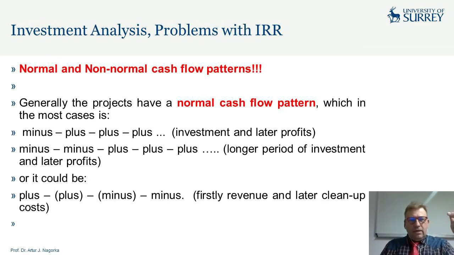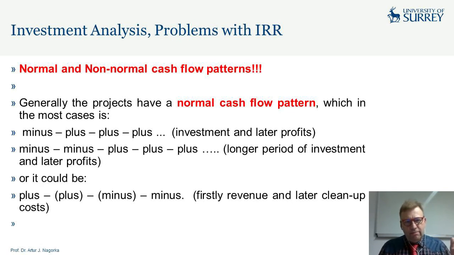So now, what's the explanation? The thing is, there are normal and non-normal cash flow patterns. Generally, projects have normal cash flow patterns, of which I give a couple of examples. It's minus, like investment in year zero, and then plus, like later profits. In manufacturing this is the most typical example.